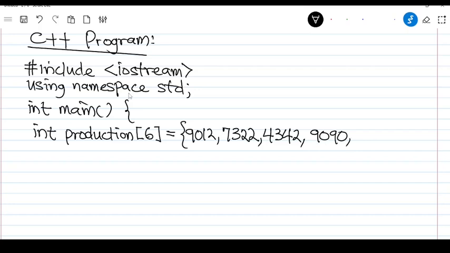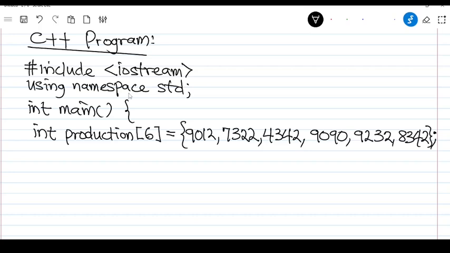The sixth is 92. The next is 9232, and then the last is 8342. So that is the last member, and then we close the array with the curly brace. This is a statement, so we also terminate with a semicolon. That's the end of initializing the array.